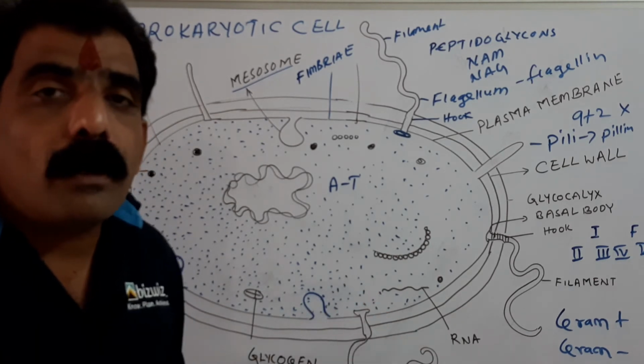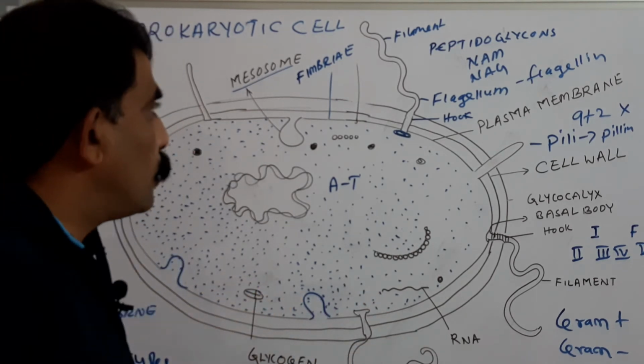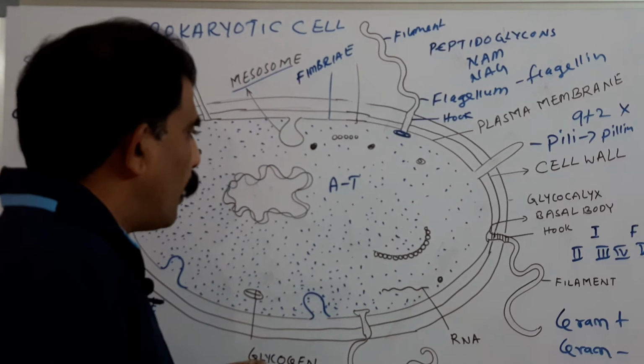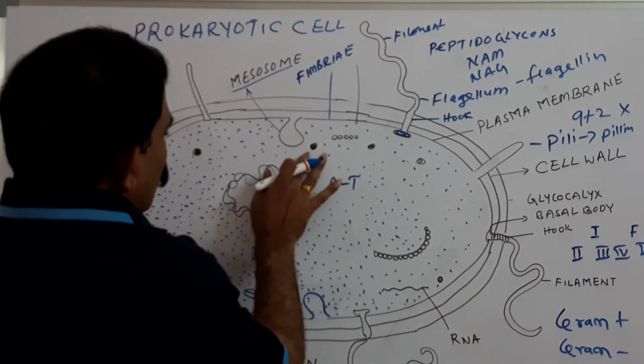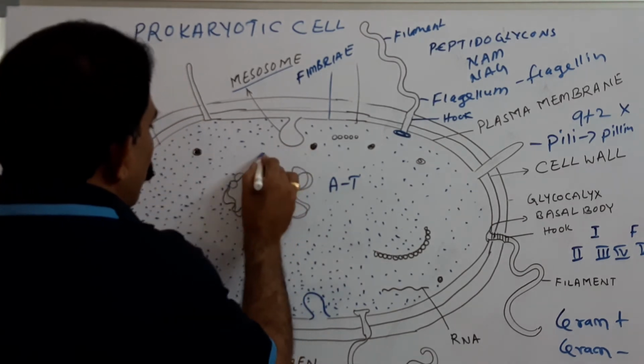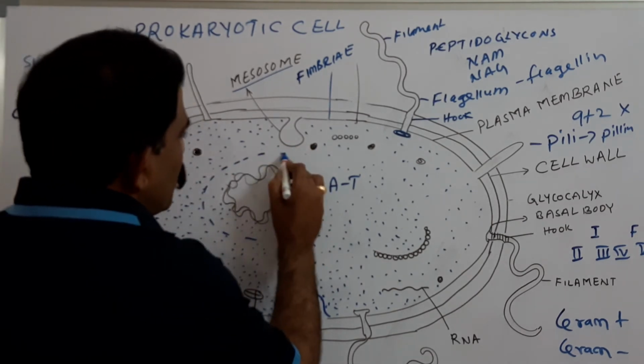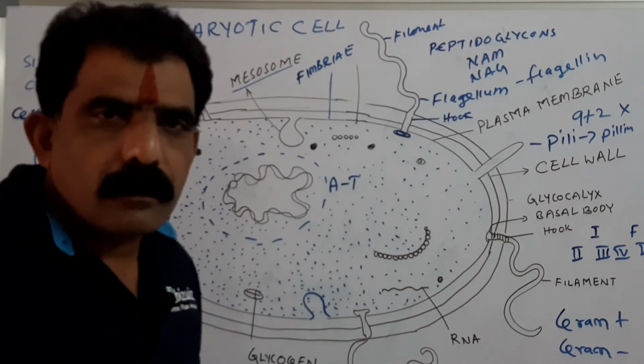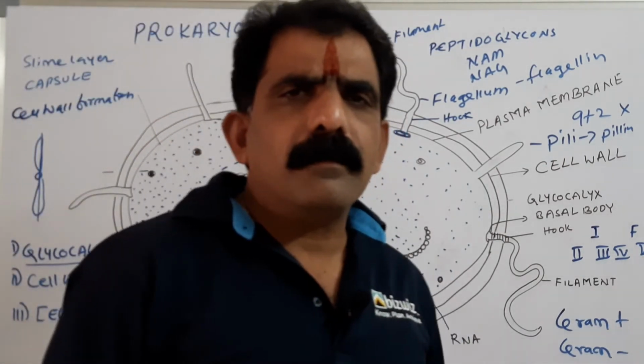Histone proteins are absent, and there is no definite nuclear membrane. No nuclear membrane, no histone proteins. That is why it is called naked DNA.